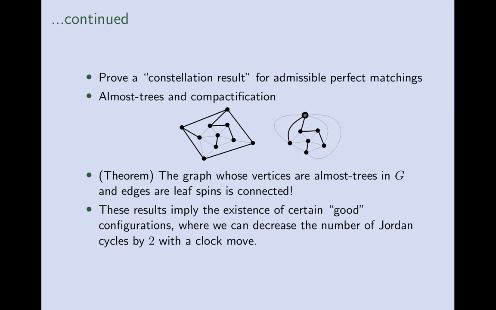Applying such a move will reduce by 2 the number of Jordan cycles, and so we can apply this construction inductively and obtain a connected Jordan resolution. At that point, it just suffices to apply the usual clock theorem, and that completes the proof of the Click-clock theorem.